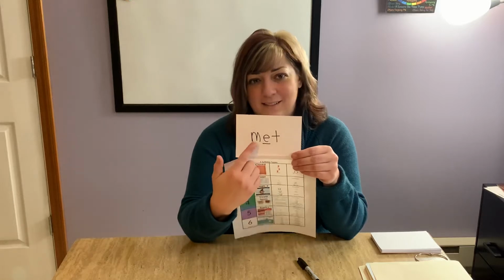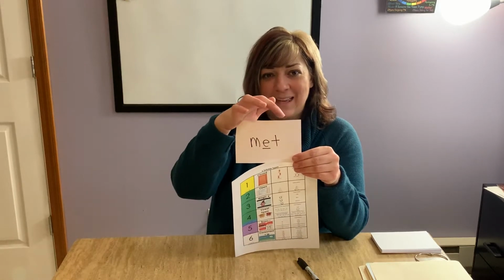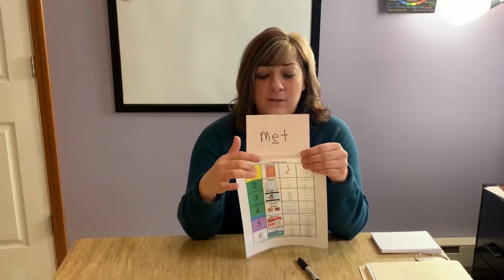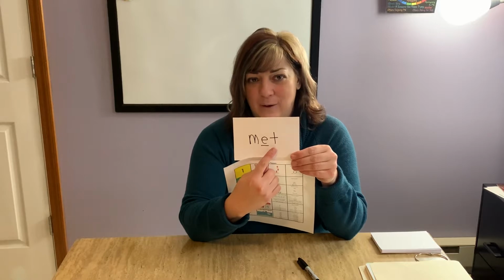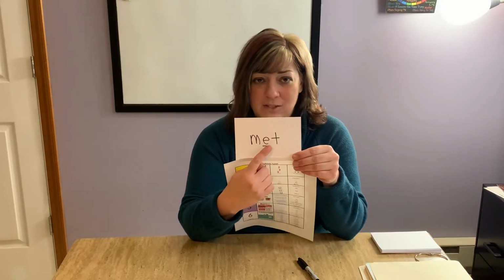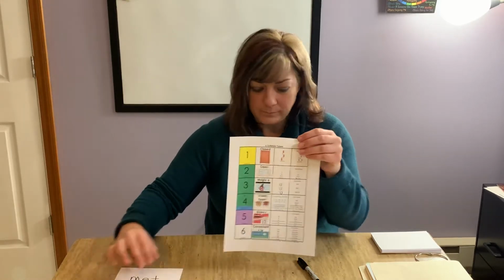That E has to say its short sound, eh. So we have met. The reason that E says eh is because this syllable is closed and the door is shut. The T shuts the door, it's closed, and the E doesn't get to say its name.